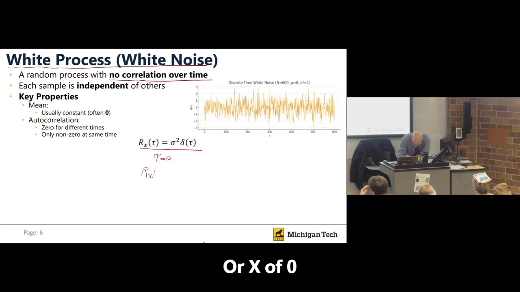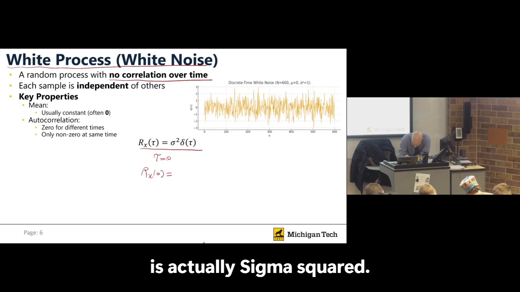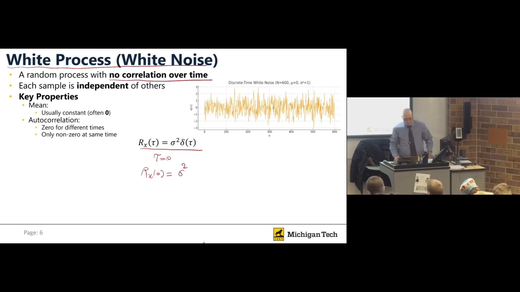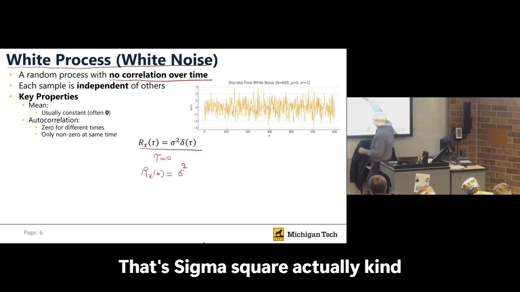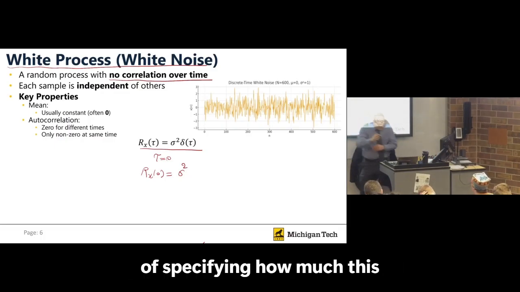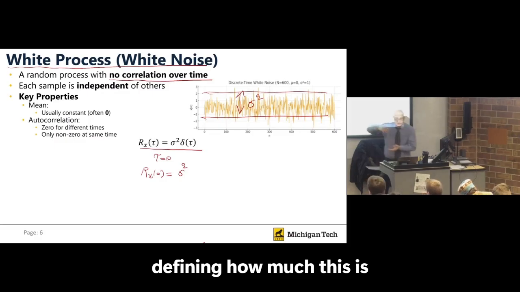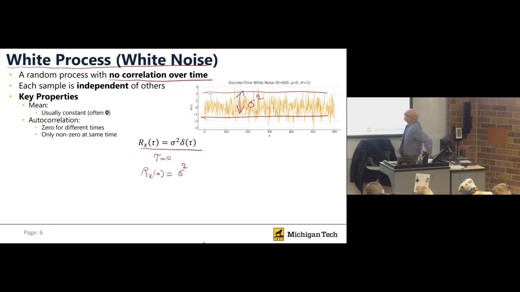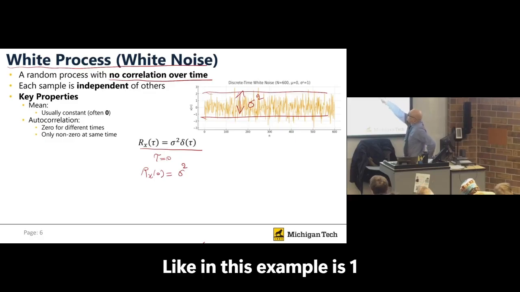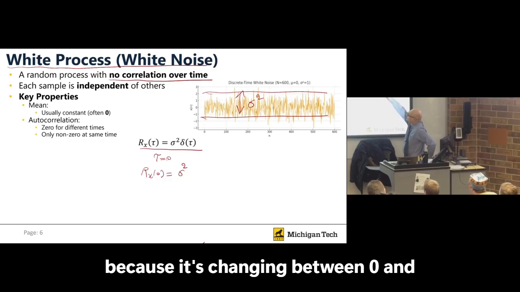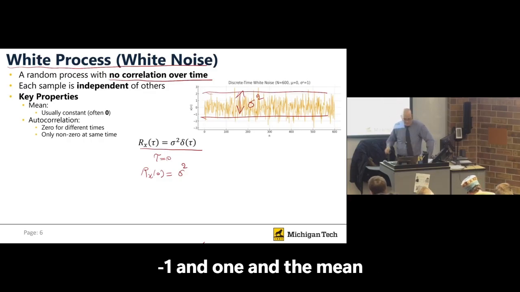So our autocorrelation at 0 is actually sigma squared. That sigma squared specifies how much this is changing, how much it is jumping around. Like in this example it is 1, because it's changing between 0, -1 and 1, and the mean is always 0.